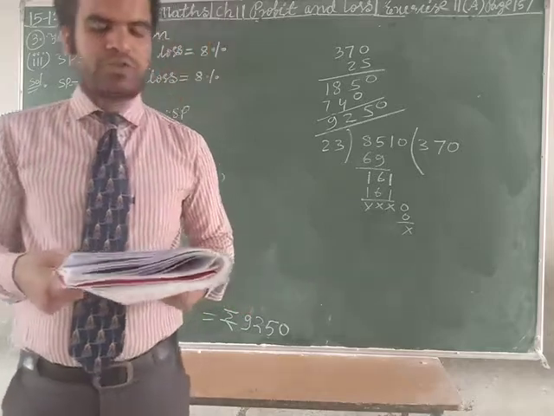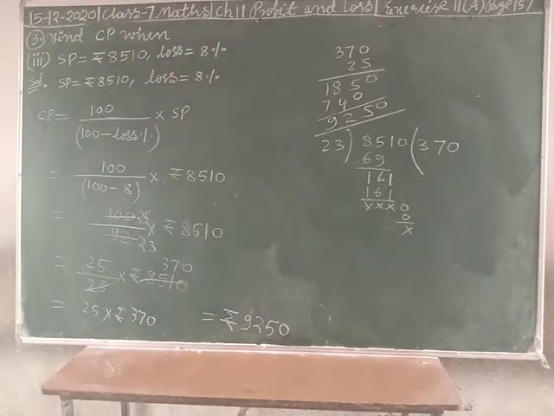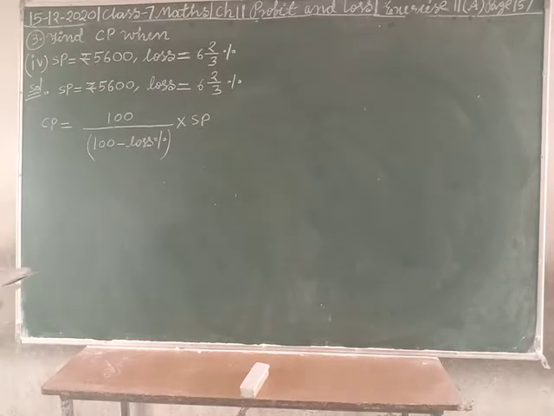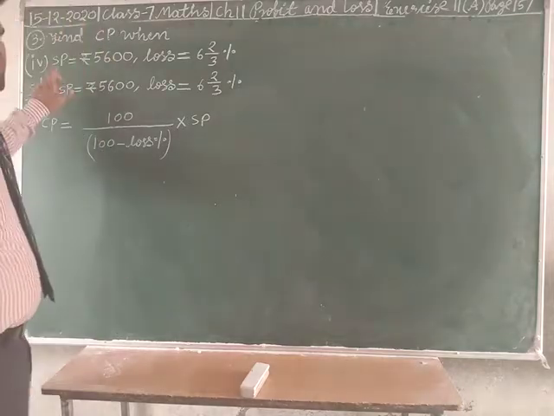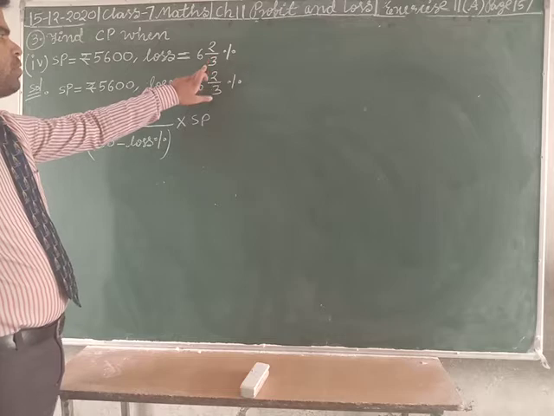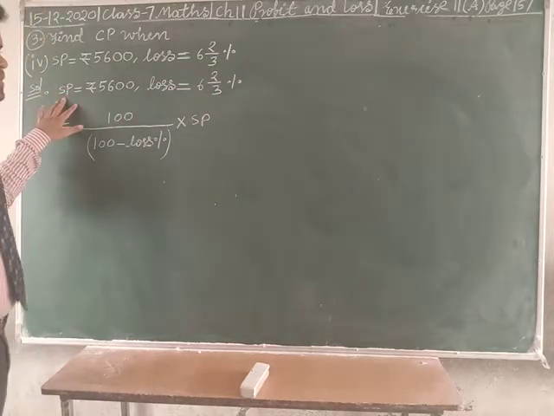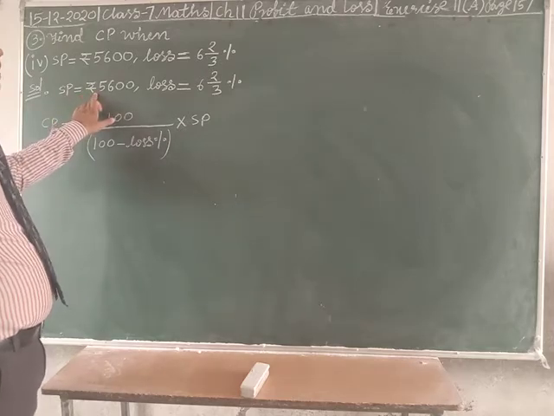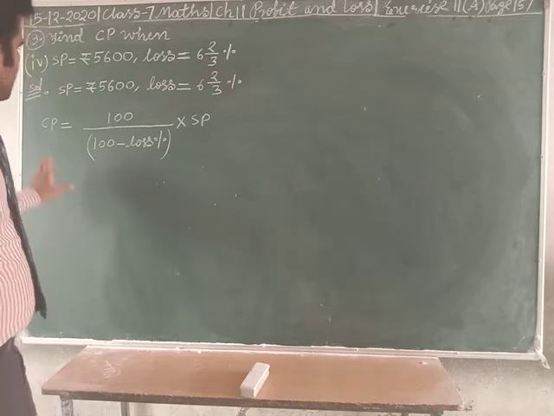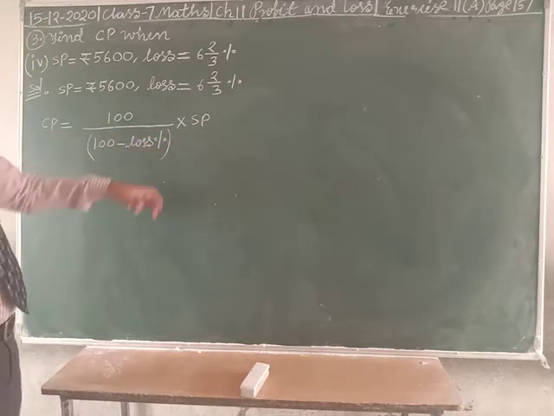Now we will see the next question, question number 4 of question number 3. So students, now we will see question number 4. SP is equal to rupees 5,600. Loss is equal to 6 integer 2 upon 3%. So students, first step I write same as the question. Now CP equal to 100 upon 100 minus loss percent into SP.